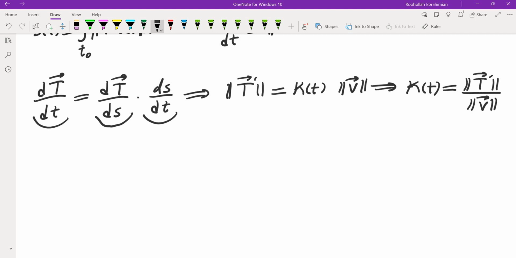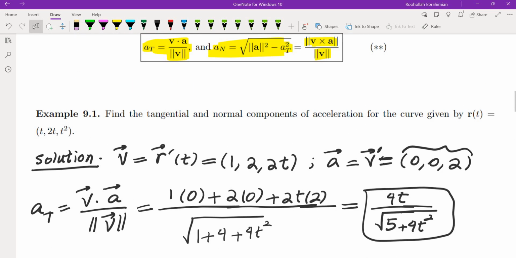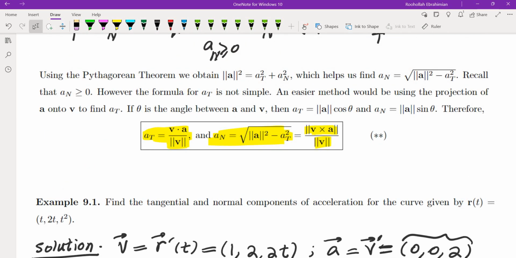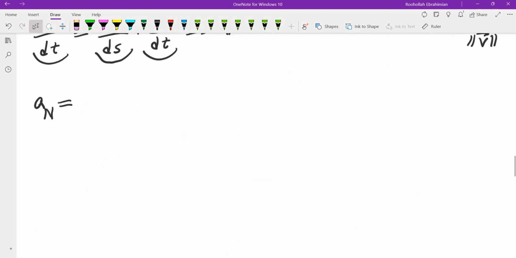Now, let's look at one of the things that we had seen before. If we go back and look at the formulas that we got, we saw that a sub n is the magnitude of v cross a divided by the magnitude of v. But we had another formula for a sub n as well.